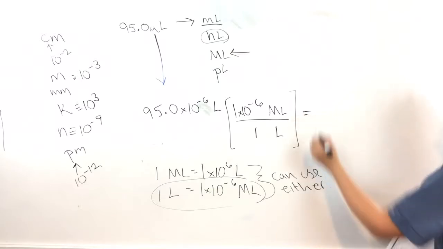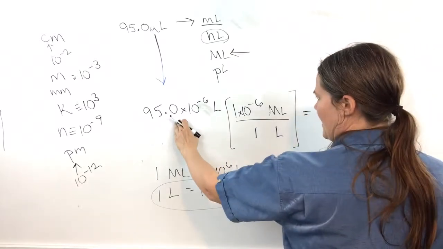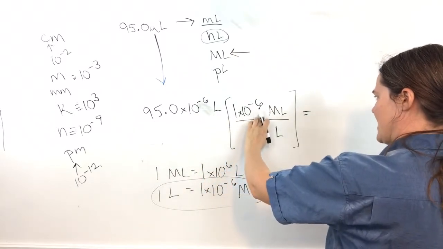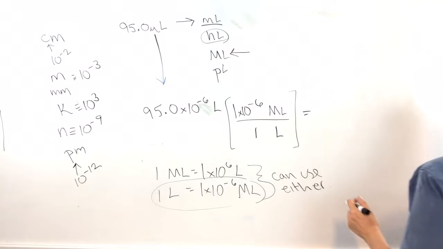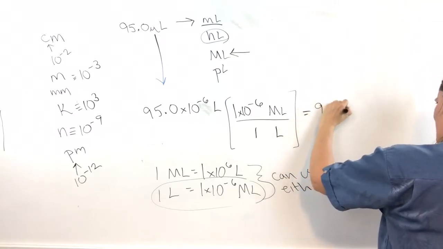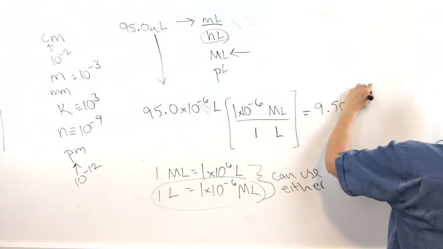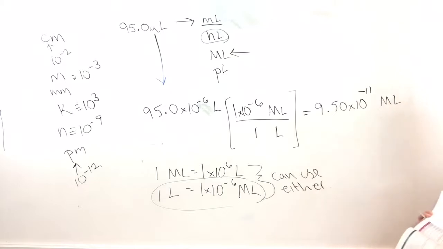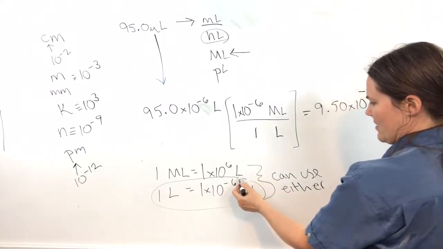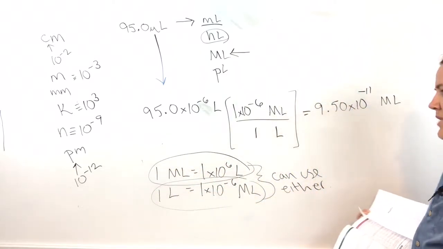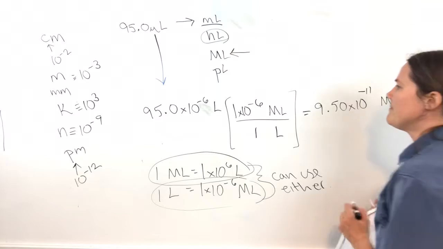And so then if I go through this math, 95 times 10 to the negative 6 liters times 1 times 10 to the negative 6 megaliters, this is equal to 9.50 times 10 to the negative 11th megaliters. And then, like the other two, I could have used this conversion factor as well, and I would have ended up with the same answer.